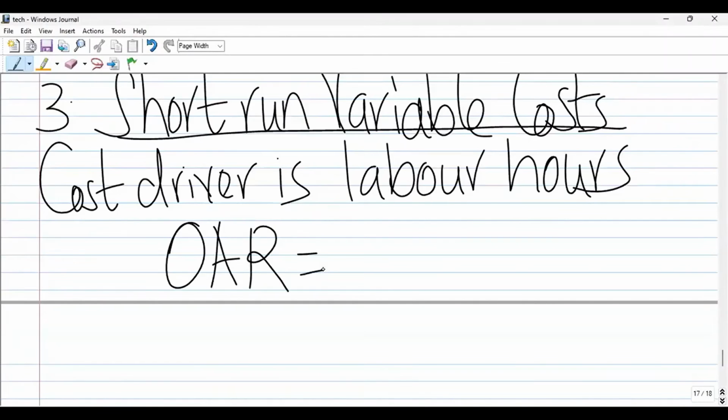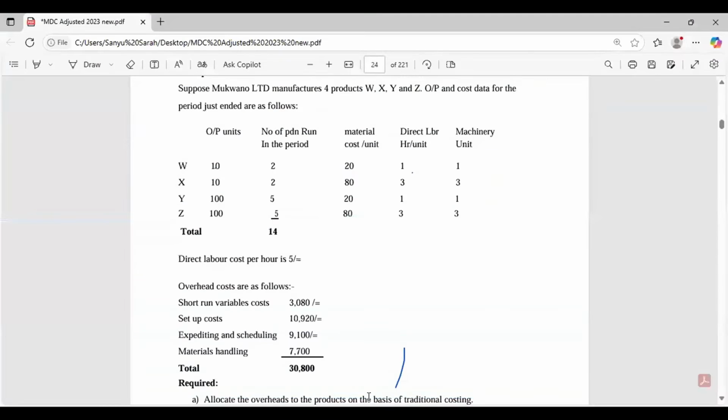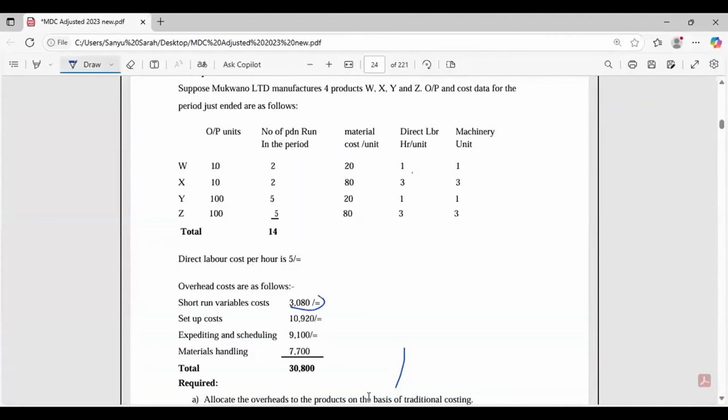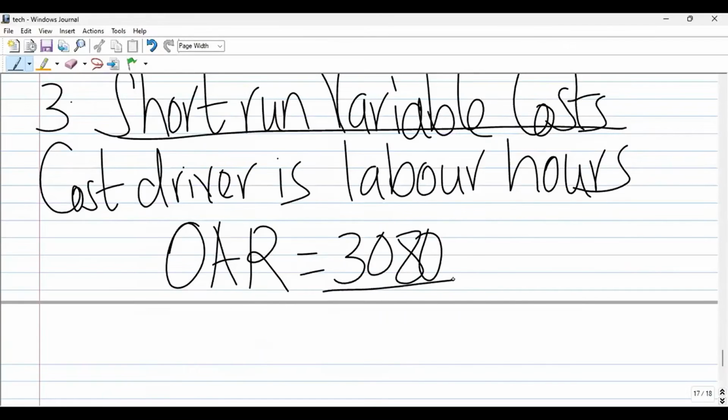The overhead absorption rate is the rate that will help us allocate this overhead. So we look at the overhead we want to apportion. How much of this overhead did they incur? They incurred 3080 shillings of just the short run, we don't need the total. We are looking at short run variable cost, that's what we are apportioning. So I take 3080 and divide by the total cost driver.